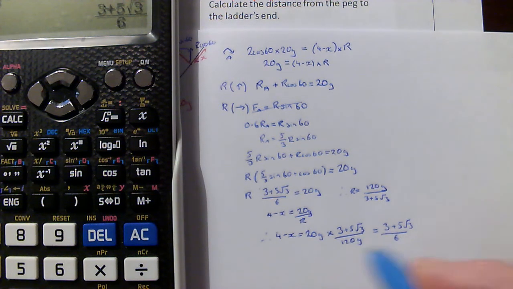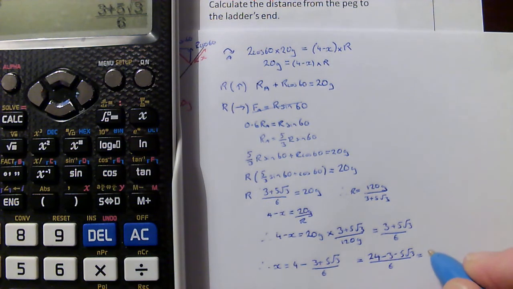So x equals 4 minus 3 plus 5 root 3 on 6, which is 24 minus 3 minus 5 root 3 over 6, which is 21 minus 5 root 3 over 6.